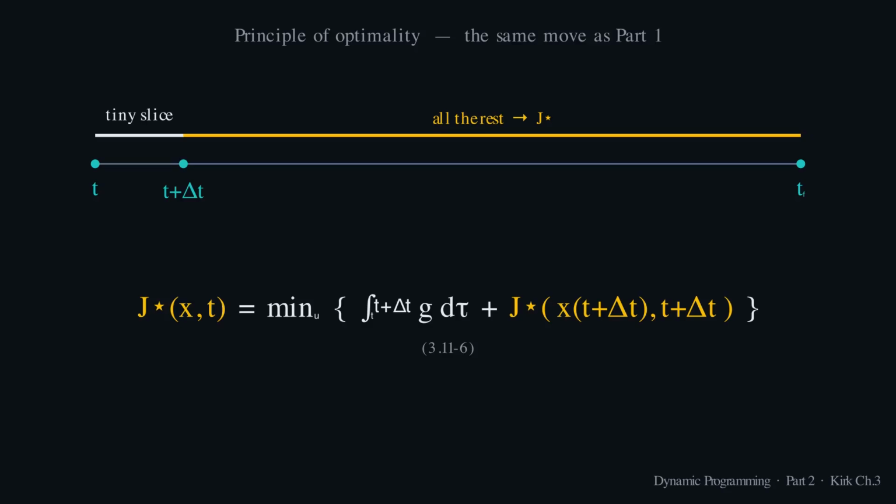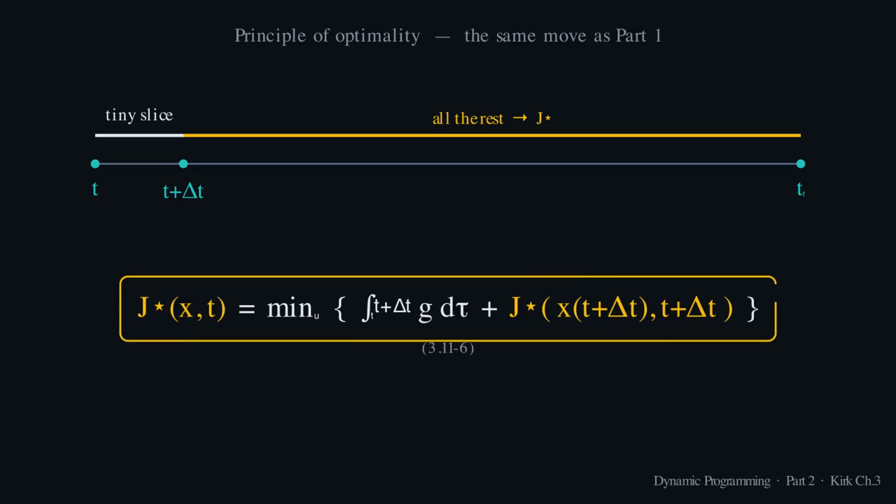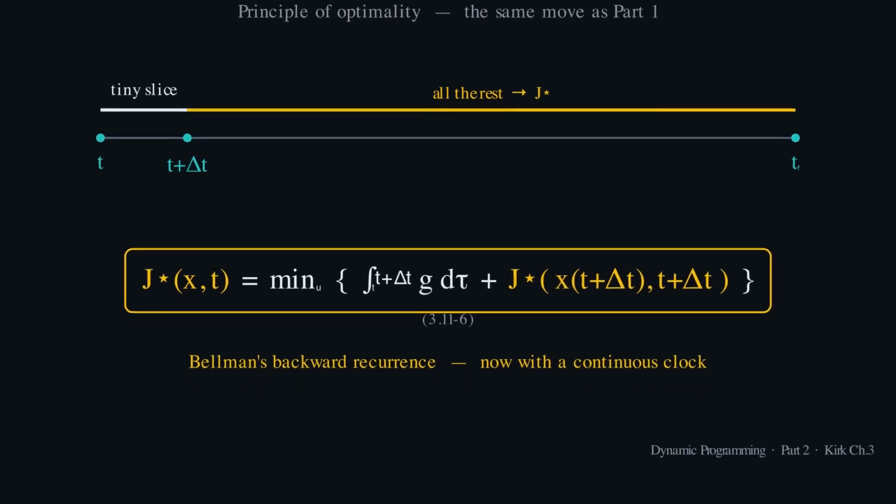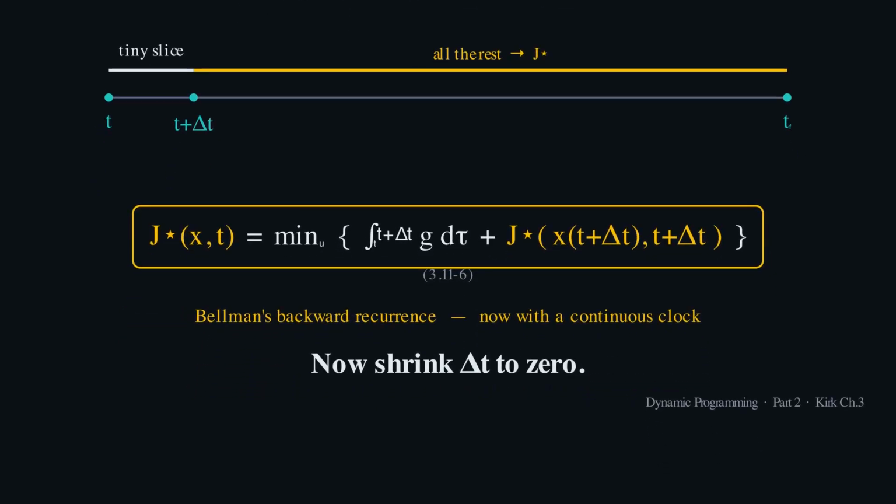Written out, J star at x and t equals the minimum over the control in that little slice of the running cost across it plus J star at the new state a moment later. That is Bellman's recurrence again, only now with a continuous clock, and we are about to shrink the slice to nothing.